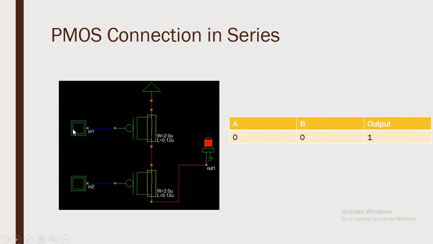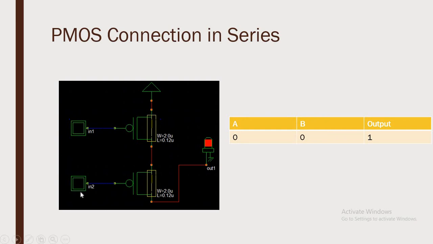Look students, here we have two PMOS, and so we have two inputs. As I said earlier, whenever we connect PMOS in series, they act as a NOR gate, a NOR function, meaning the opposite of the OR function. How? Now we are going to discuss.